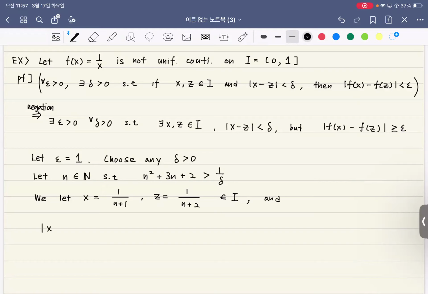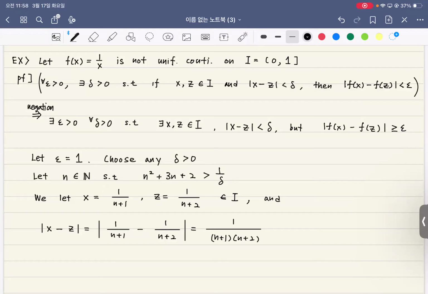So the distance between x and z is 1 over n plus 1 minus 1 over n plus 2. With the common denominator, n plus 1 times n plus 2, the numerator is 1.